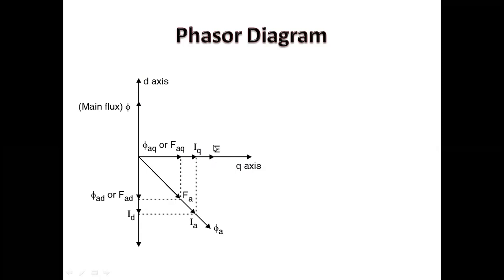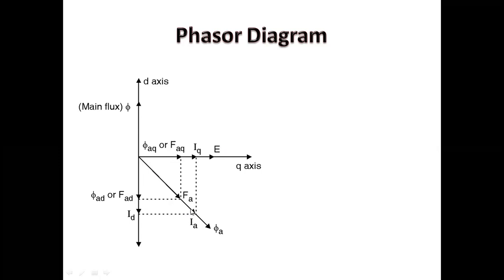Now just see two components, EMF E and armature current. How is it plotted? The armature current IA is lagging E by some angle. We are considering lagging power factor condition. So armature current IA lags E by some angle phi, considering lagging power factor.